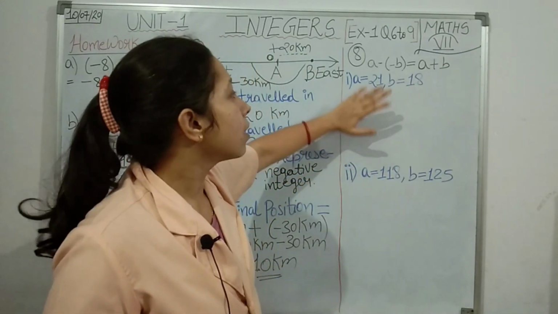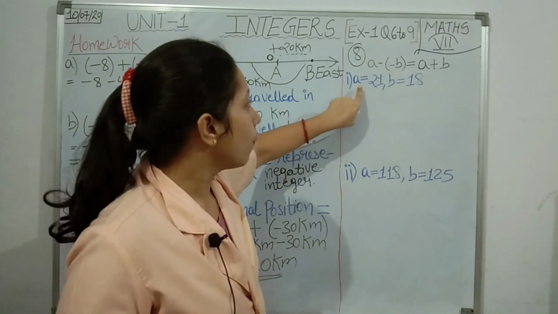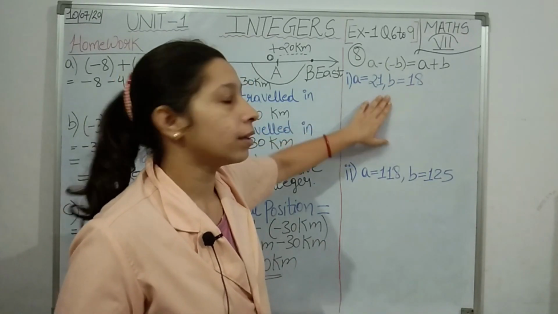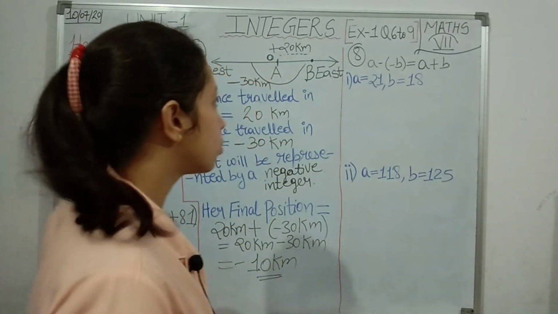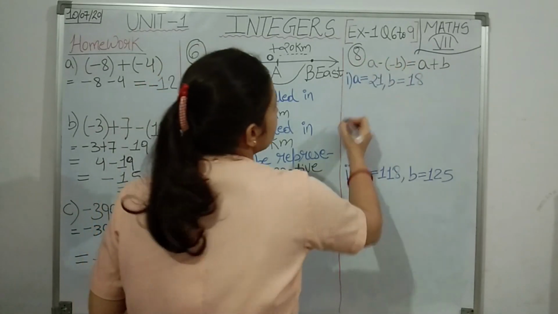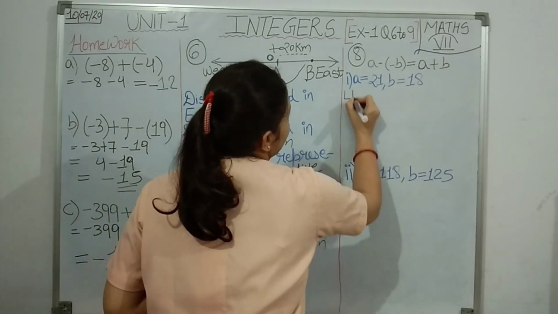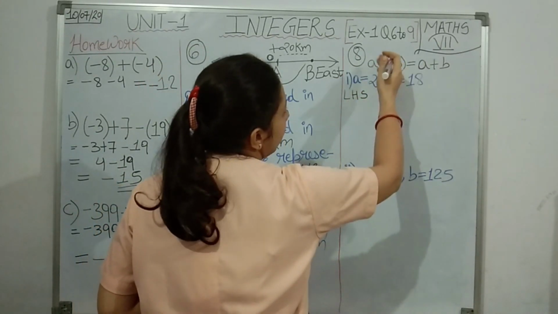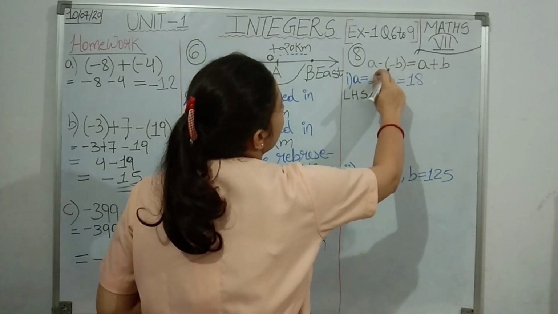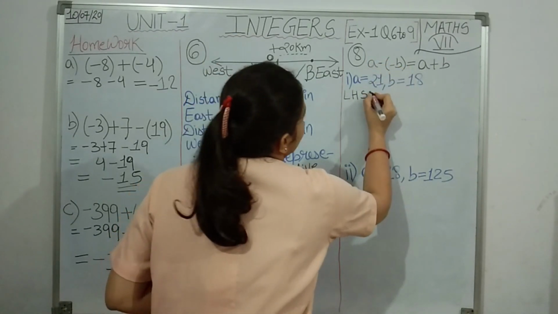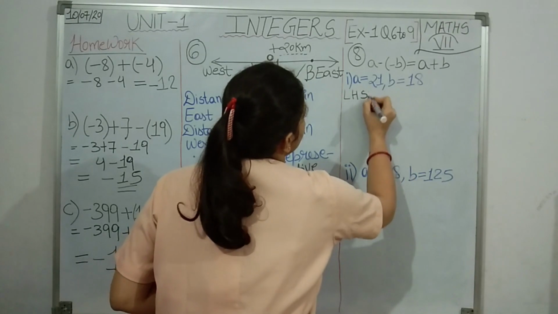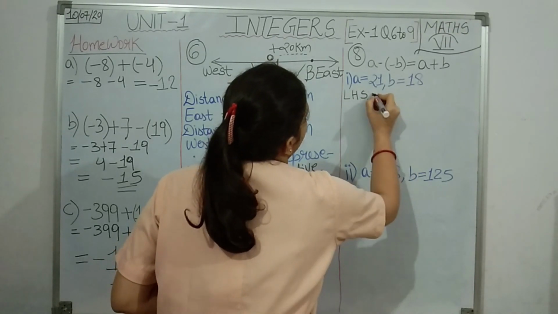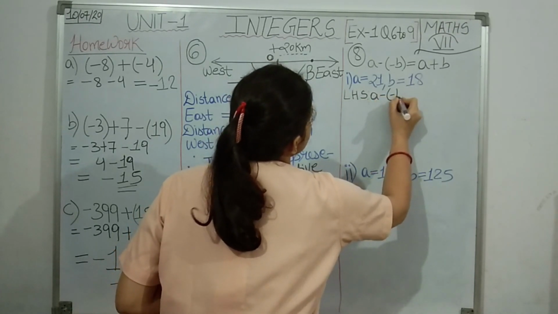Okay. So we are going to put the values for A and B using these points. Let us see how to solve, students. So first, for solving this equation I am taking LHS. LHS means the values on the left hand side. So A minus (minus B).